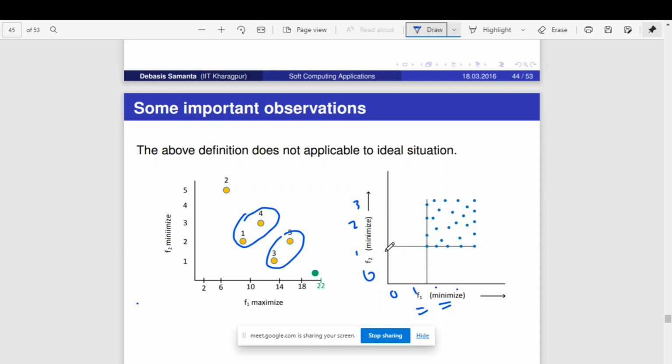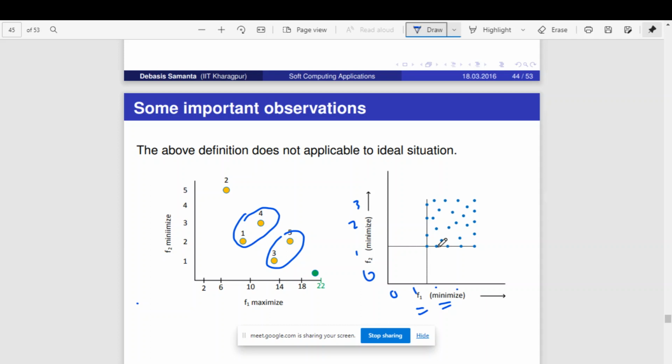Now the question is, from this plot, could you identify the set of non-dominating solutions? To identify the non-dominating solutions, what do you have to identify first? The Pareto optimal front you have to identify.